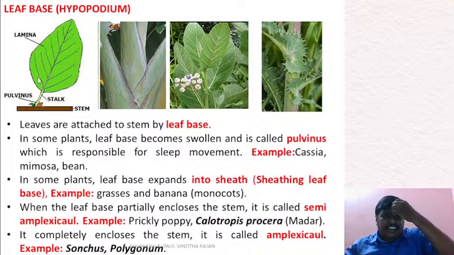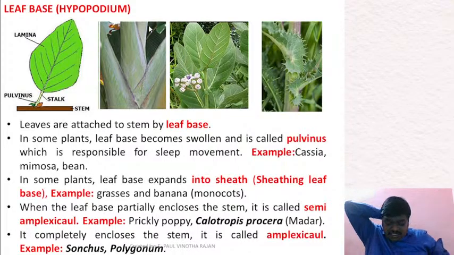Next, in the case of Musa paradisiaca, that is banana, the leaf base expands as a sheath. They have a sheathing leaf base.